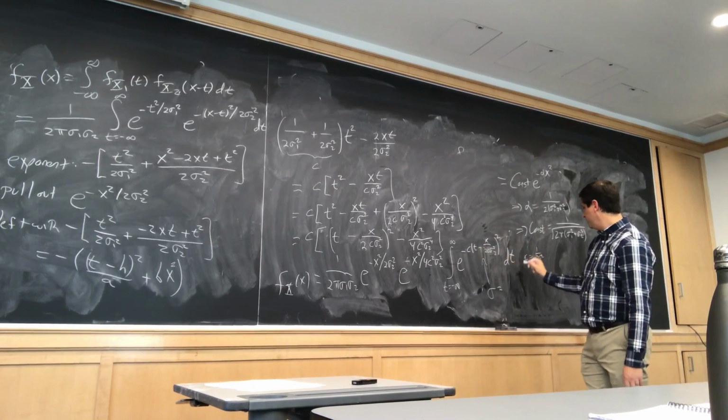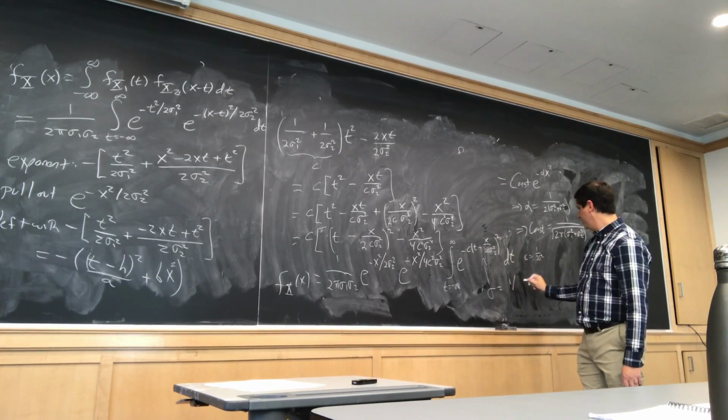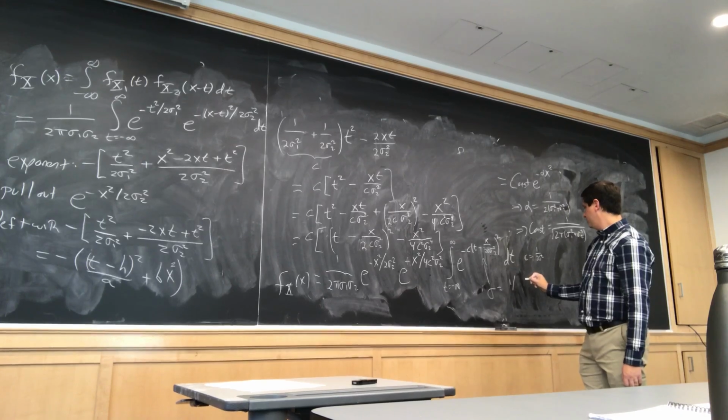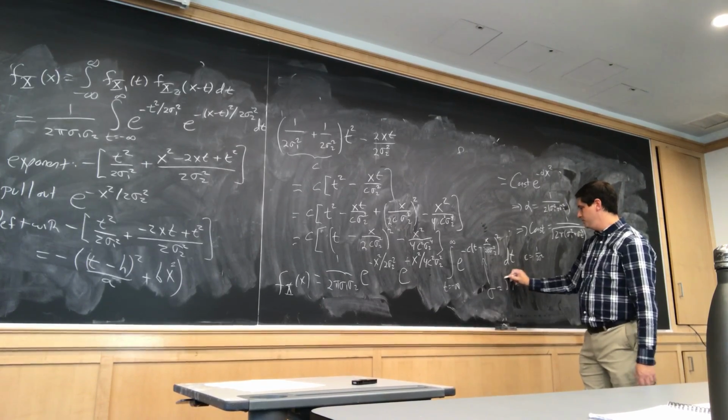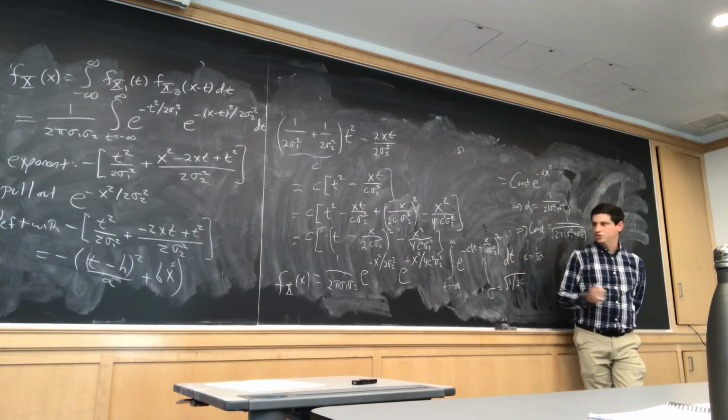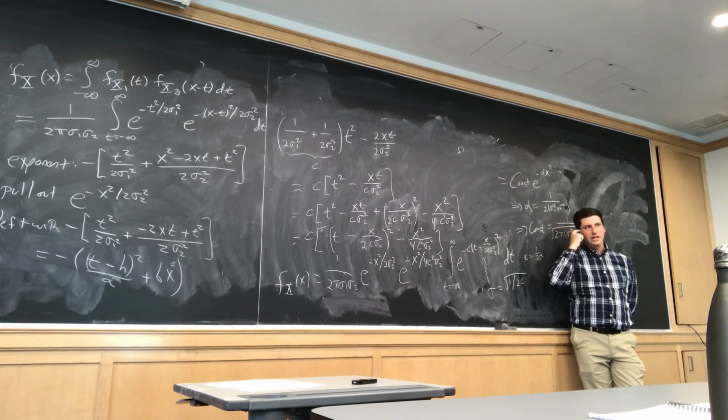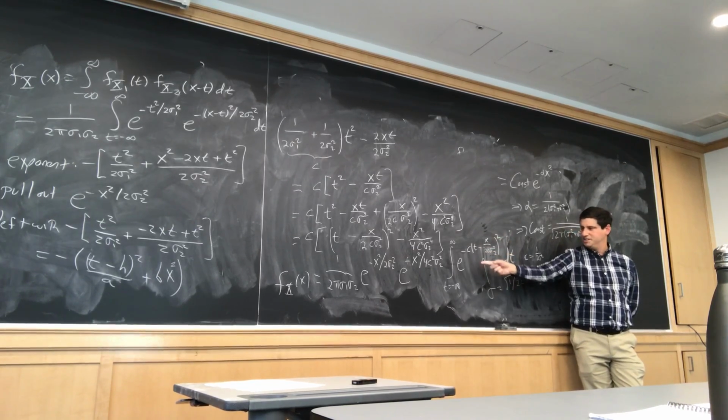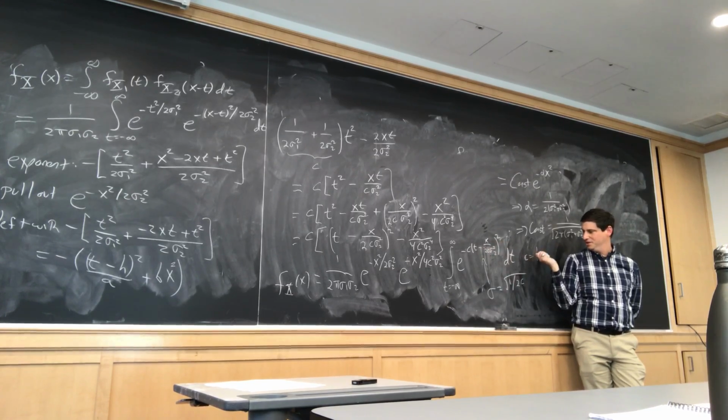So that means sigma is equal to 1 over 2c with a square root. So this integral here, if I had a 1 over square root of 2 pi sigma squared, would be 1. So this is going to just equal the square root of 2 pi sigma squared, where sigma squared is 1 over 2c.